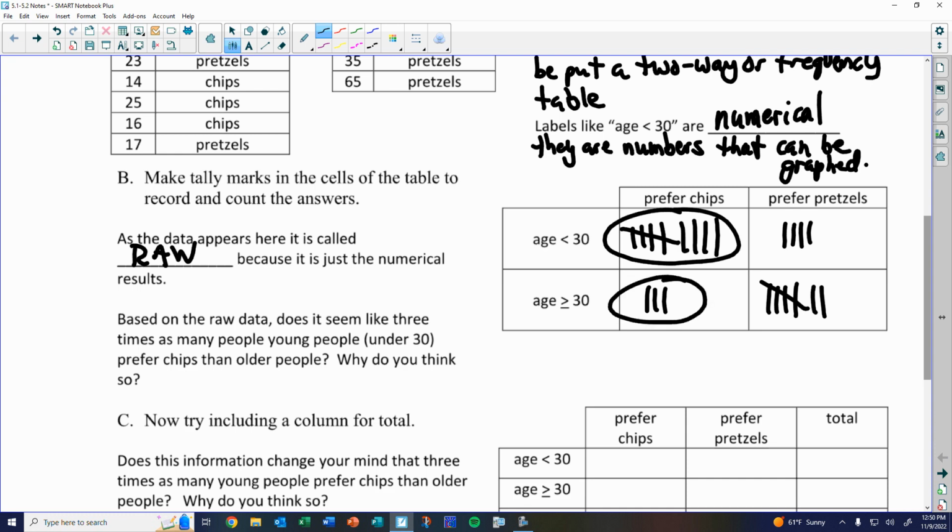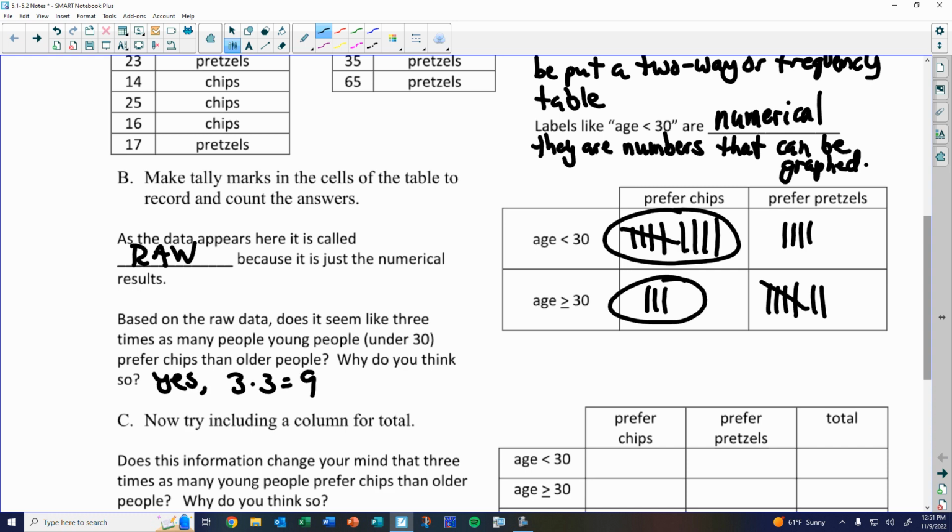Would you say yes or no? Yes. Why? Don't look that deep into it. Why would it be 3 times more? Right, 3 times 3 is 9. 9 is 3 times more than 3. So, yeah, just by looking at that.